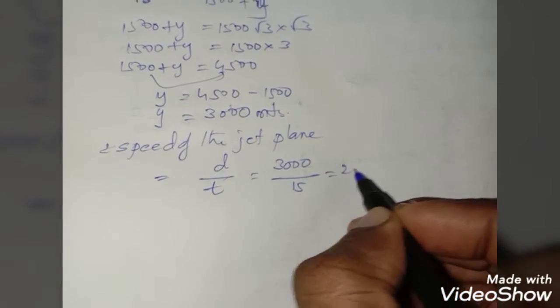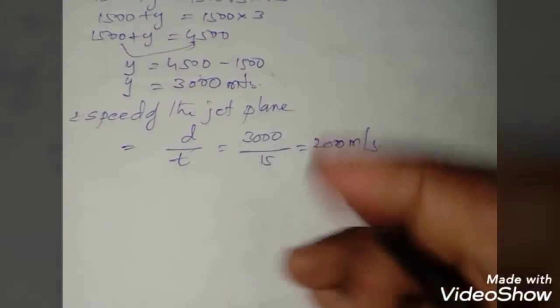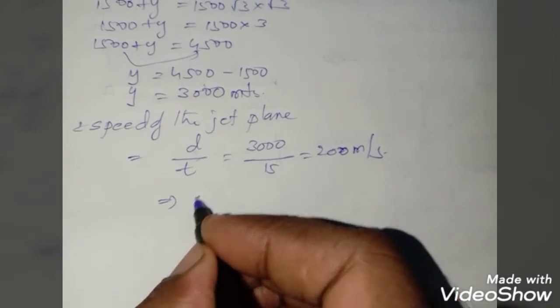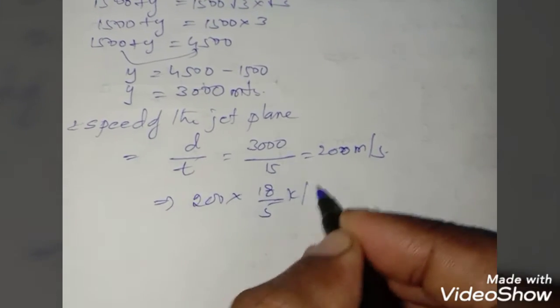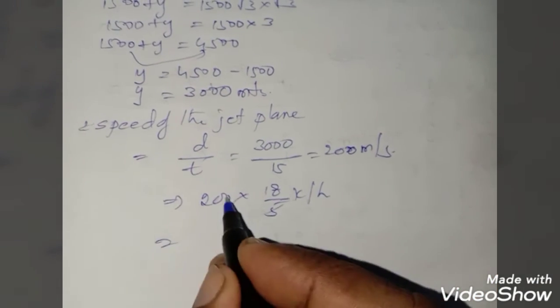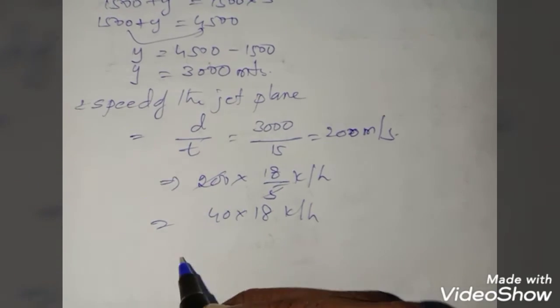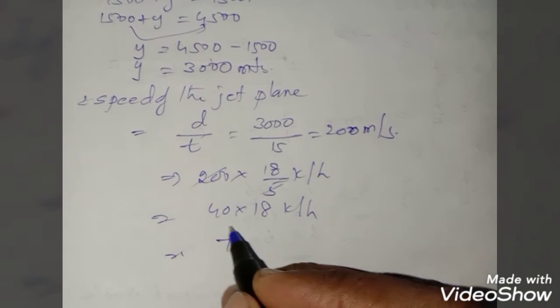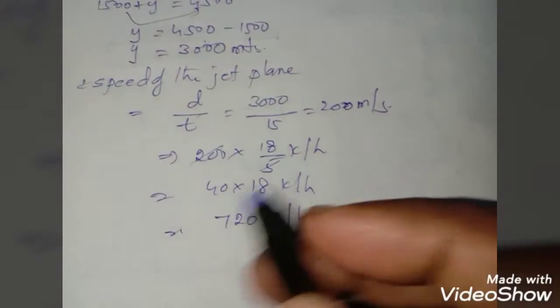Now if I cancel, you will get 200 meter per second. If you want to convert this into kilometer per hour, you can write this as 200 into 18 by 5 kilometer per hour. Now if I cancel, you will get 40 into 18 kilometer per hour. If I multiply, you will get 720 kilometer per hour.